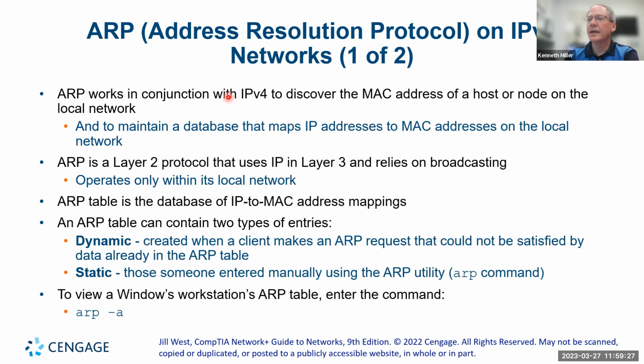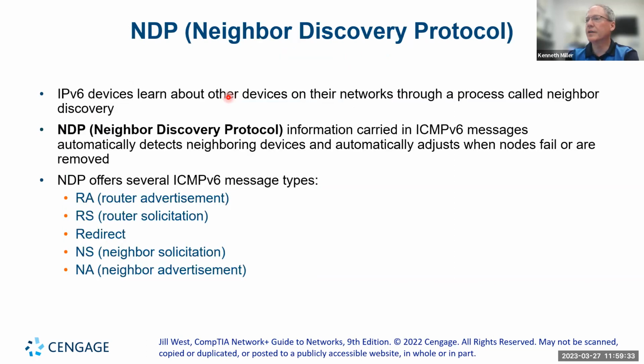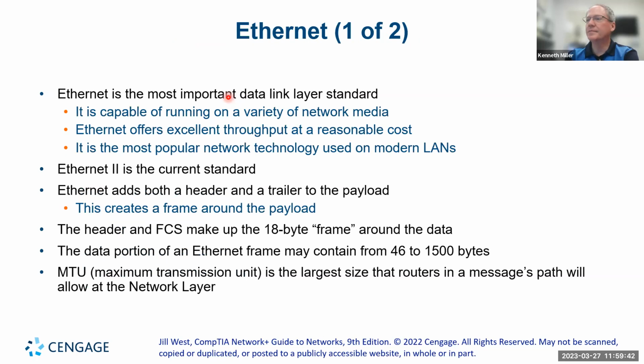There are some other protocols in here: ARP, the Address Resolution Protocol, and the Neighbor Discovery Protocol, which is used by our routers to advertise and share their routing information. And then we'll have a brief look at Ethernet.